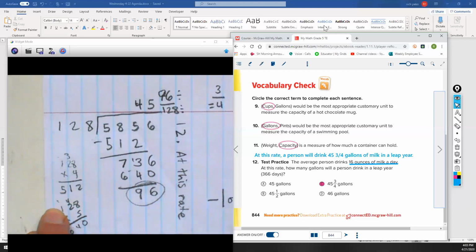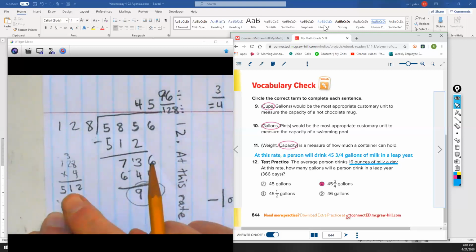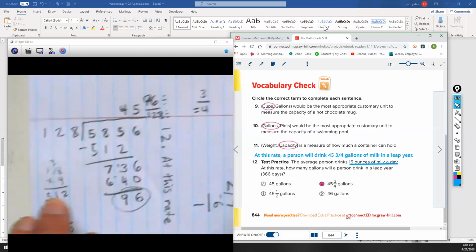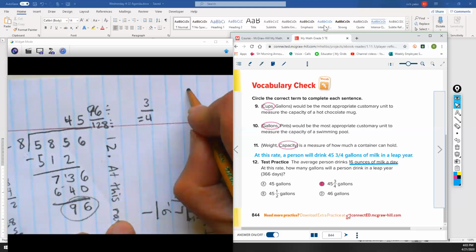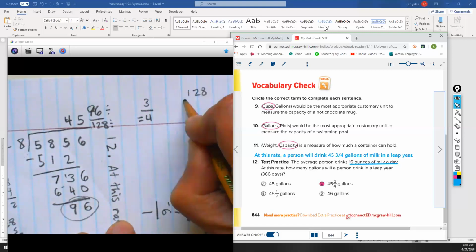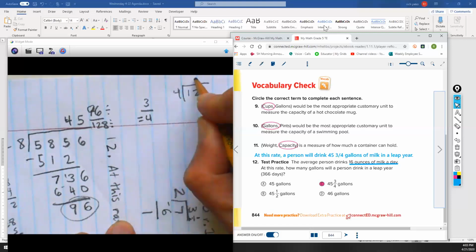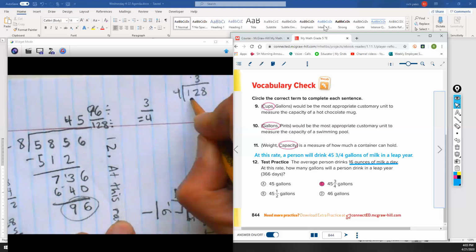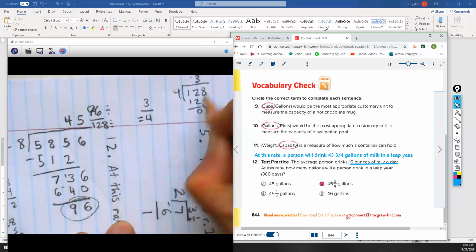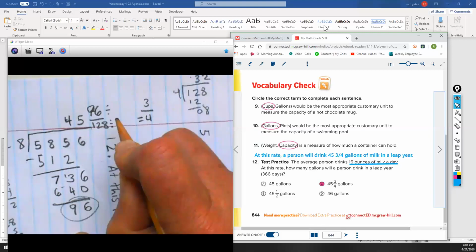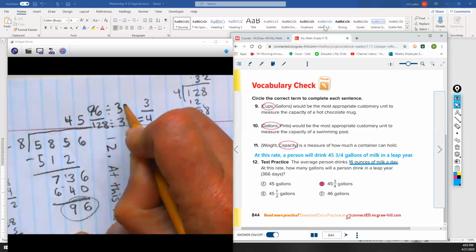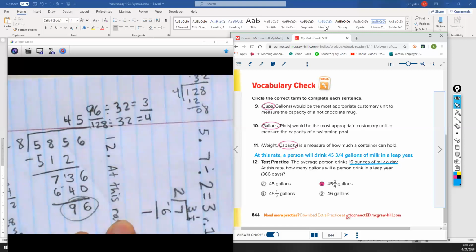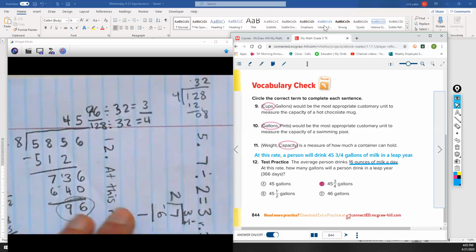Well, 128 divided by 4, let me do some quick math right here. So 32. So I'm dividing by 32. And that equals 3/4.